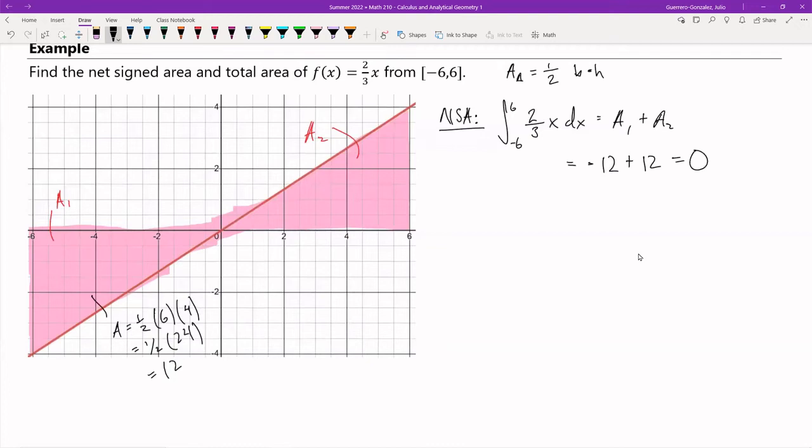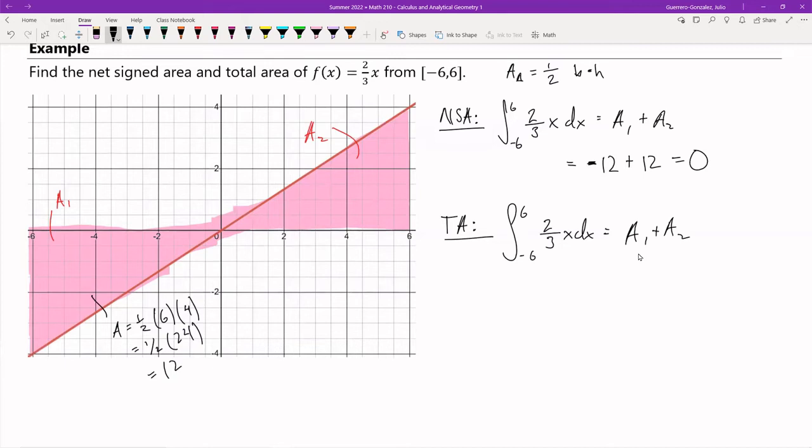Okay. So now let's go ahead and do the total area. The total area, right? -6 to 6 of 2/3x dx. It's still going to be an A1 plus an A2.